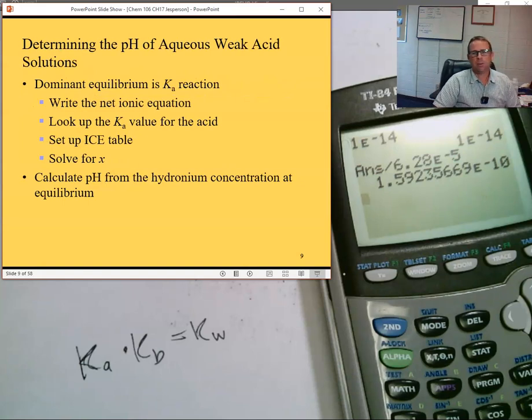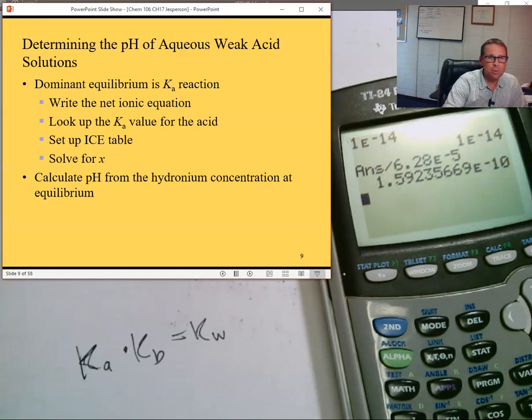Now, with information from Chapter 16 and Chapter 15, we find ourselves in a situation where we can predict the pH of a lot of new, different solutions using an ice table. For example, if I'm given the concentration of a weak acid, we can predict the pH.